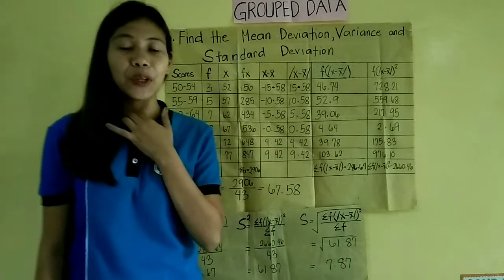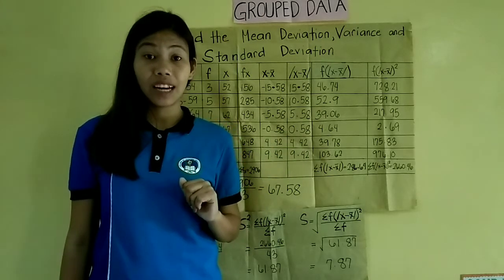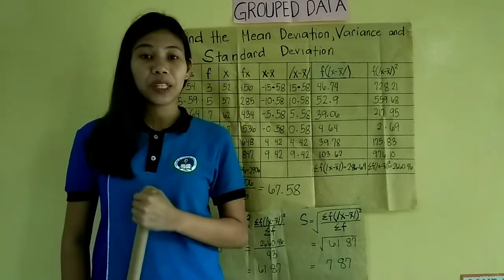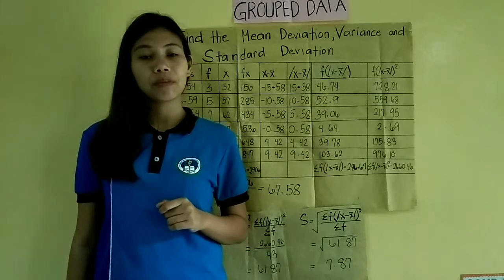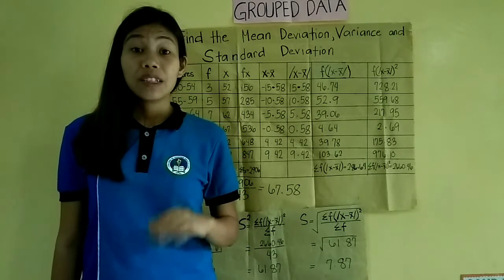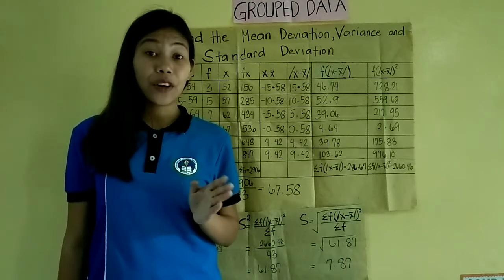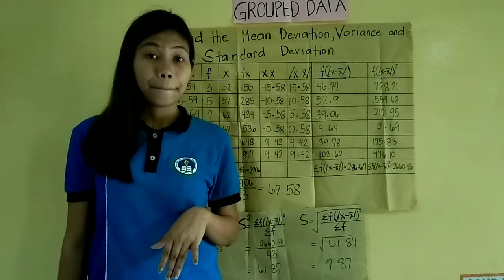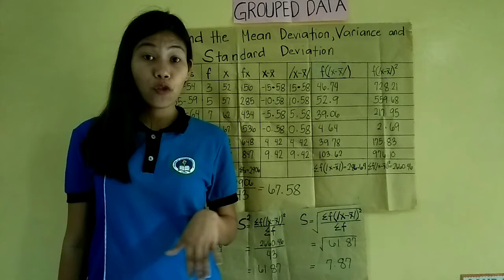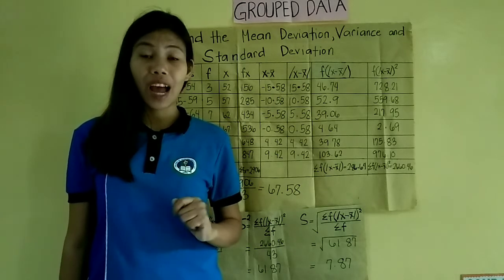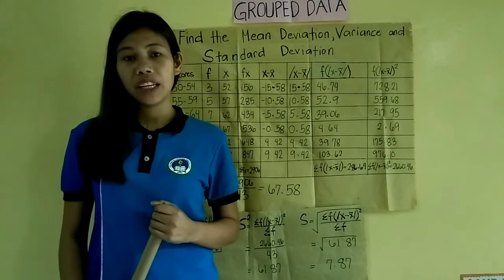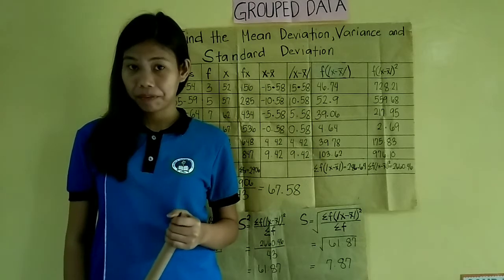How about in grouped data? What is the formula for finding the mean deviation? Very good. Summation of f, the quantity of absolute x minus mean, over summation of f. How about finding the variance in grouped data?